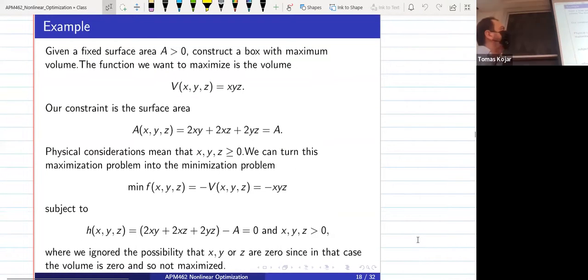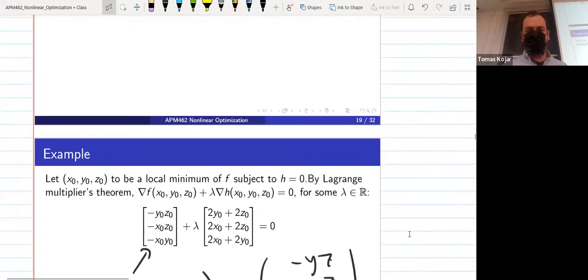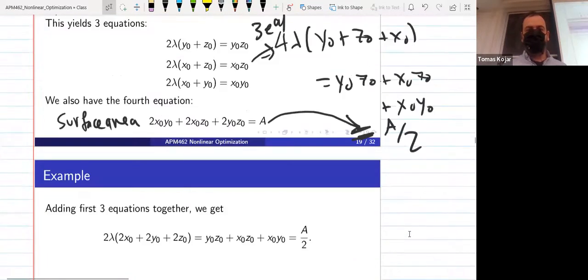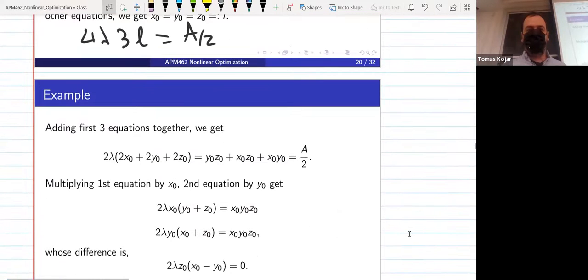All right. So here's the problem we had from last time. We had a rectangle, and the constraint was to fix the area. And just by doing first order optimization, we found that the best shape is the hypercube, the cube.